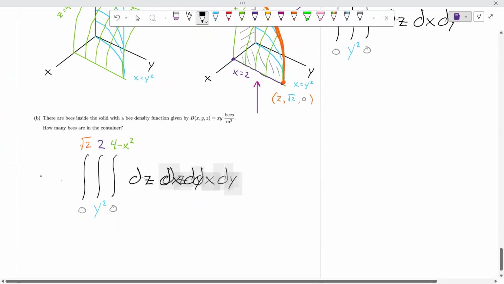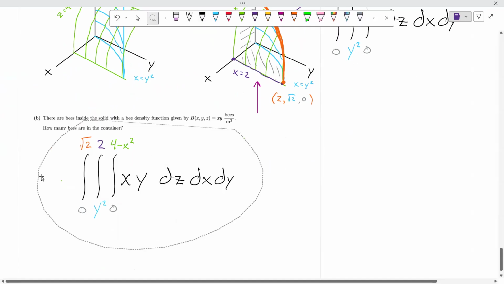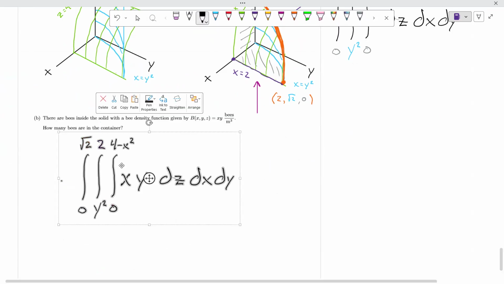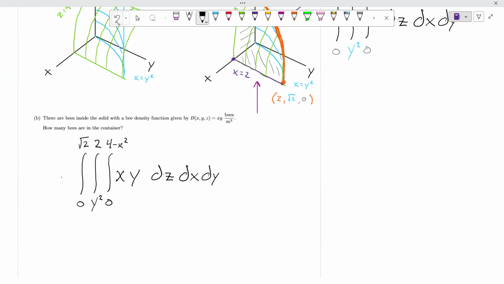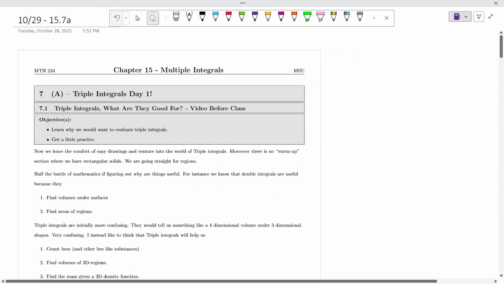I just need to integrate my density function, which was xy. Let me clean it up a little bit, turn everything back to black, and shrink it slightly.